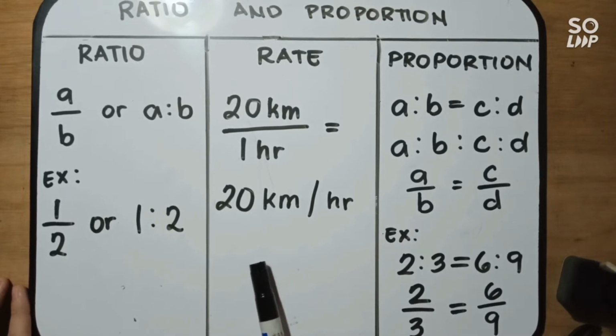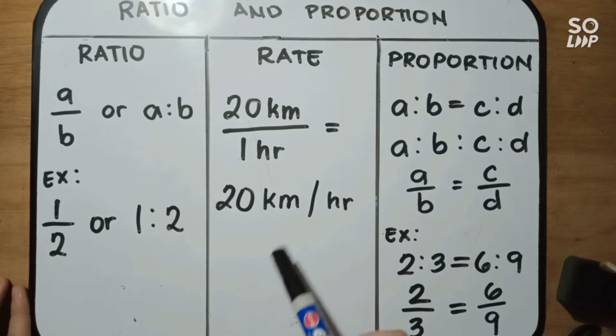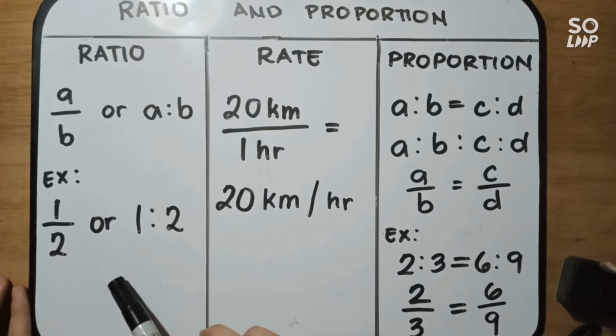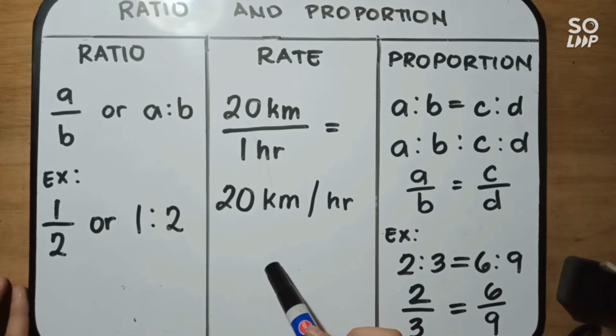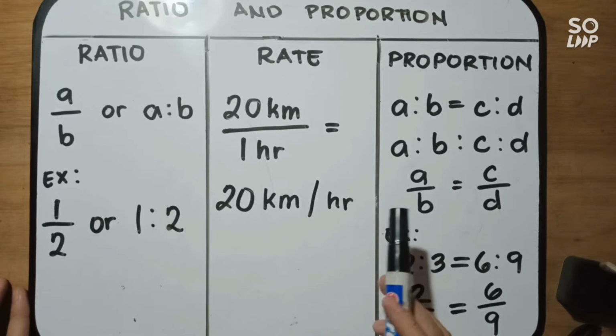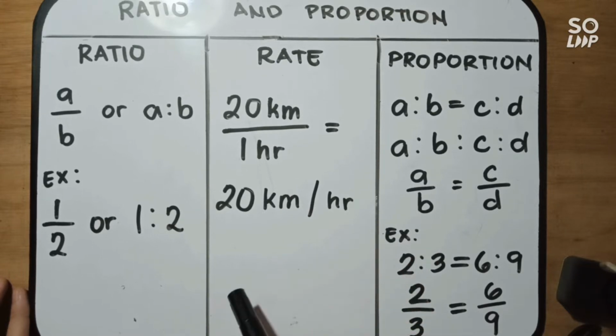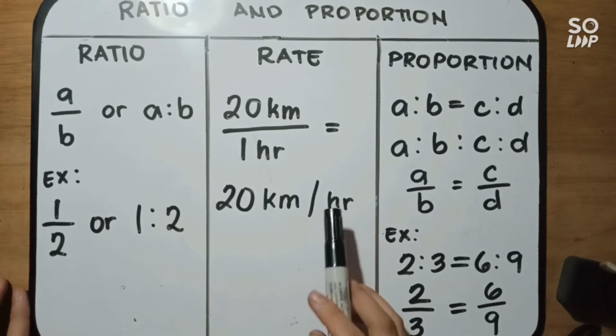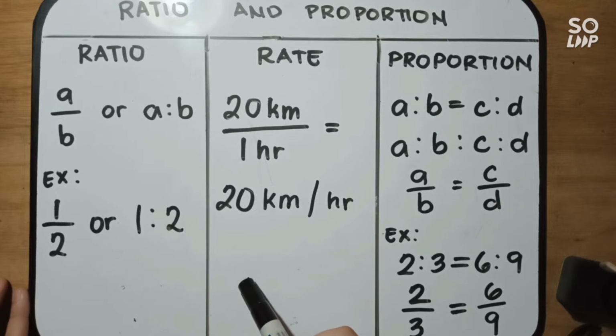On the other hand, there is what we call the rate. Similar to ratio, rate is a comparison or relationship between two or more quantities. However, in rate, we already use different units. Let's just say a car travels 20 km for every 1 hour.